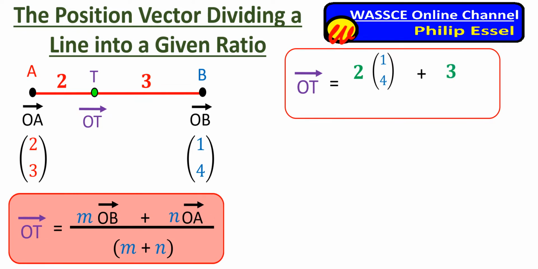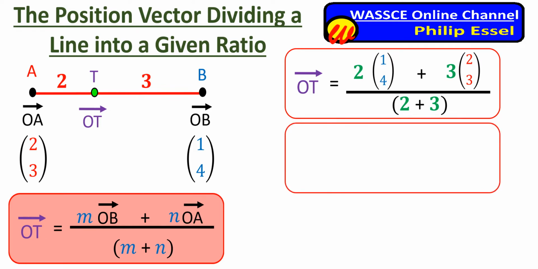Then we write our second ratio, that's the ratio 3. This will be multiplied by the vector OA, which is (2, 3). And remember, it is the vector on the extreme left side of the ratio 3. Now the entire expression is divided by the sum of the two ratios. So we have 2 plus 3.